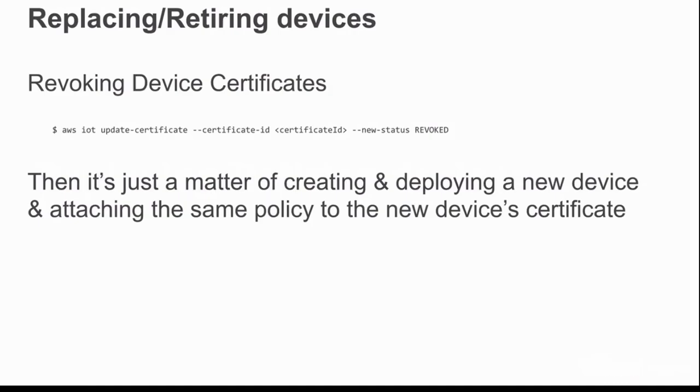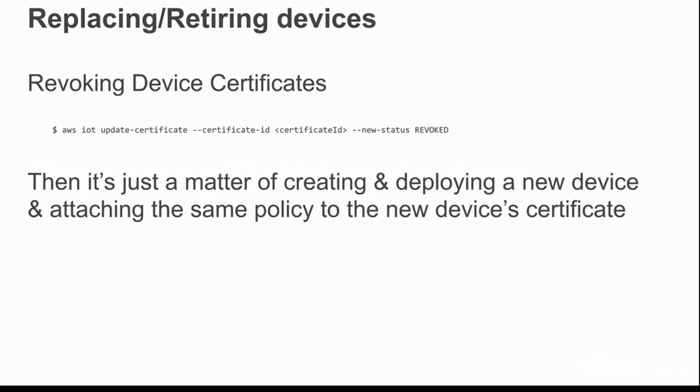To revoke connectivity from a device to AWS IoT, you're dealing with the certificates that are associated with the device principals that you've created, and to revoke connectivity from a specific device is as simple as updating the certificate associated with that device and putting the status of that certificate into the revoked status, at which point the certificate will no longer be accepted by the gateway and there'll no longer be access to any topics associated with that particular certificate.